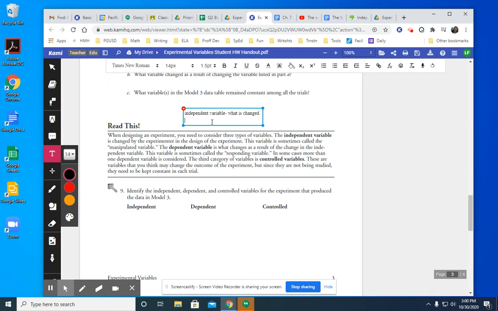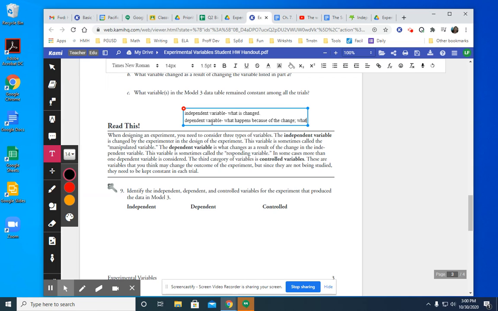Okay? The dependent variable, what happens because of the change.